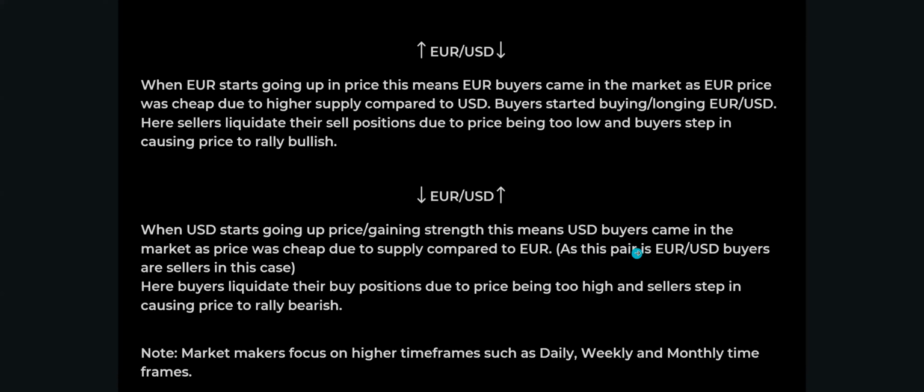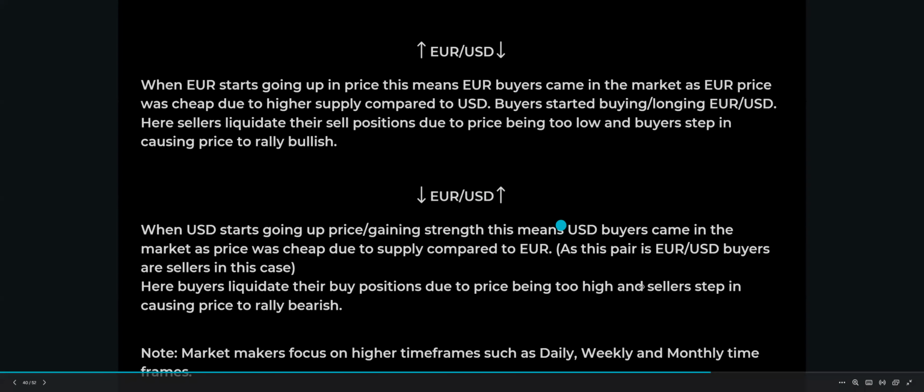As this pair specifically has the euro as the base currency with the quote currency as the dollar, in this particular example the buyers here would basically be sellers. So if they're selling this pair, they're basically buying up the dollar and giving up the euros. So here buyers liquidate their buy positions due to the price being too high, and sellers step in, causing the price to rally bearish. It's an extremely simple concept.